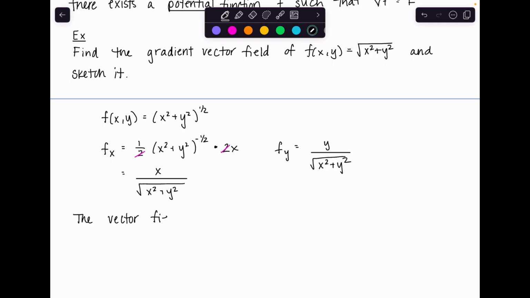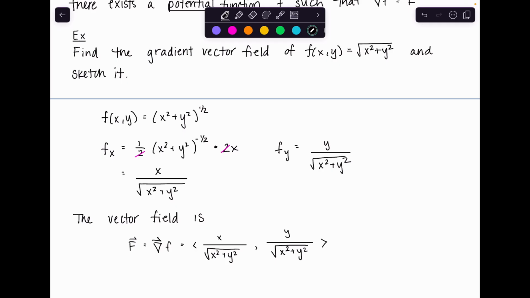So the vector field is capital F, which is the gradient vector of this function. And so that's given by x over the square root of x squared plus y squared, and then y over the square root of x squared plus y squared.